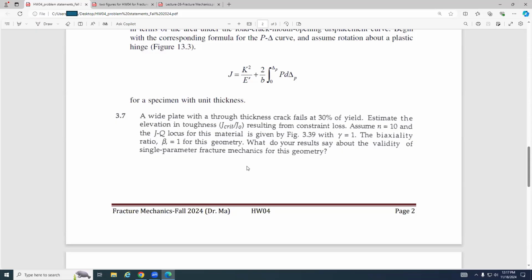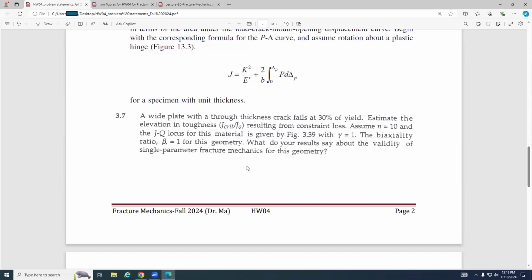For small scale yielding, we can use a single parameter to characterize the crack tip field. This field can be the stress, strain, and displacement.